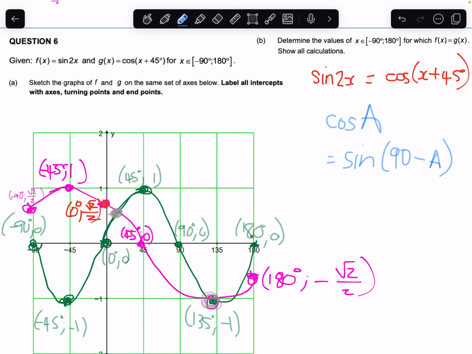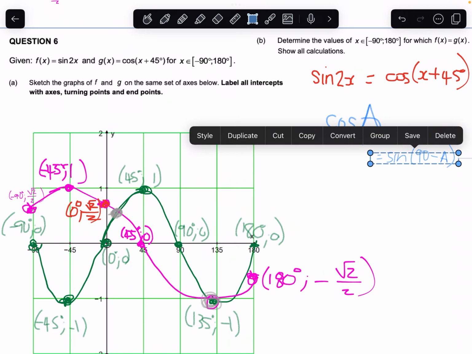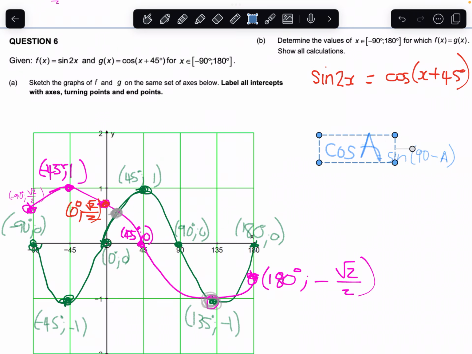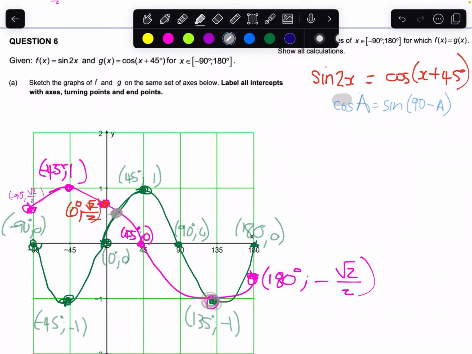Okay, so let's just put that onto one line. This is the result that we're going to use.